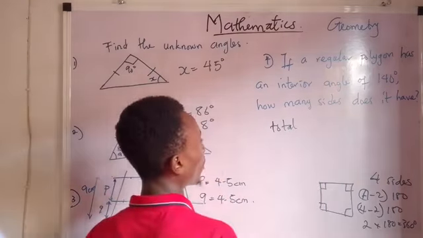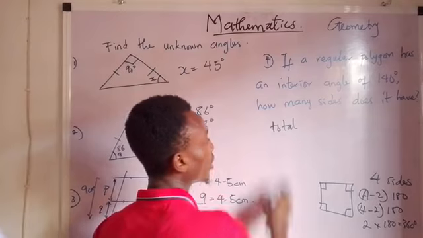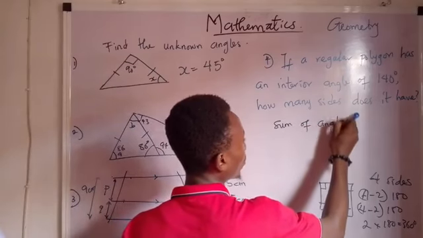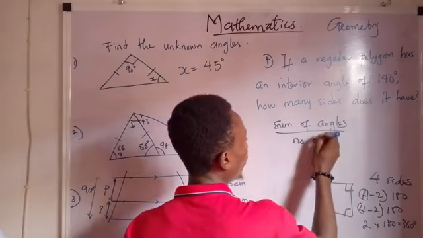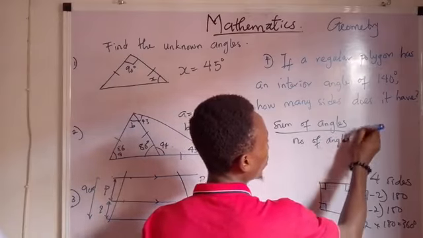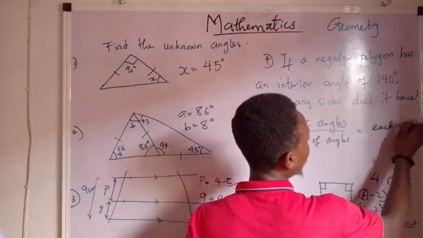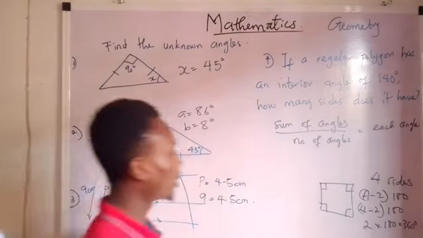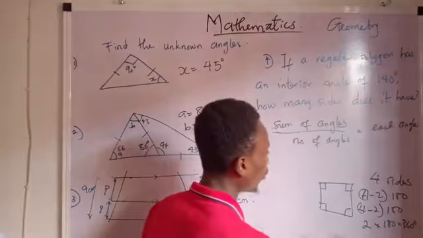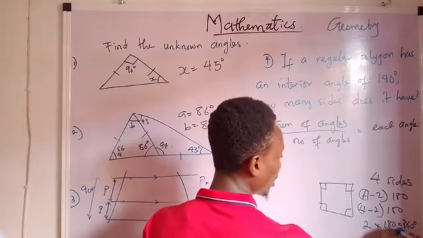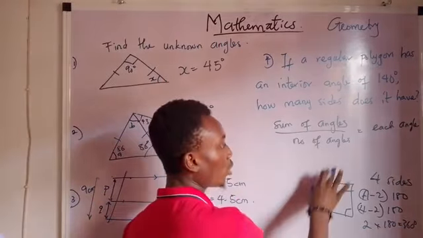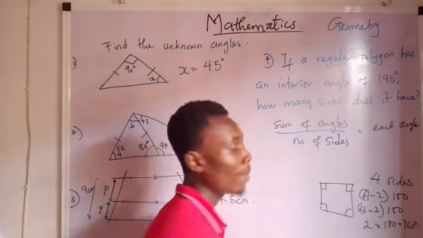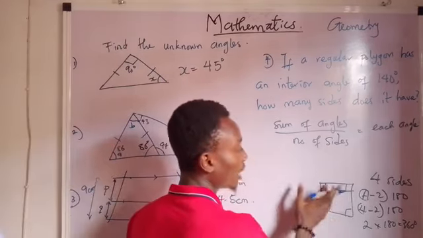The sum of angles divided by the number of angles will give the value of what? Each angle in a regular polygon. What do I mean by this? The sum of what? Angles, which is equal to what? 360 divided by 4, which is number of angles or sides, better put, sides, divided by the number of sides. We divided this by 4 to give us what? 90 each, right? And that's correct.